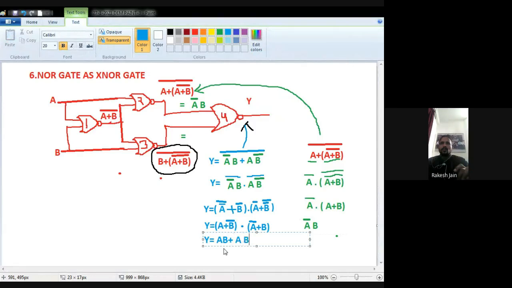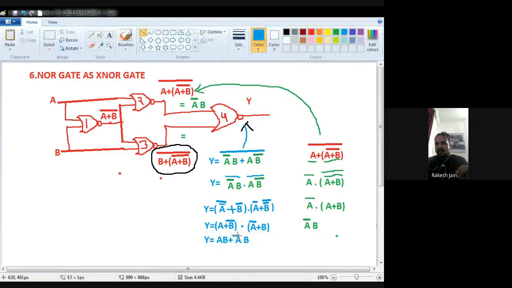Okay, now see, this one will be A plus B bar dot A bar plus B.